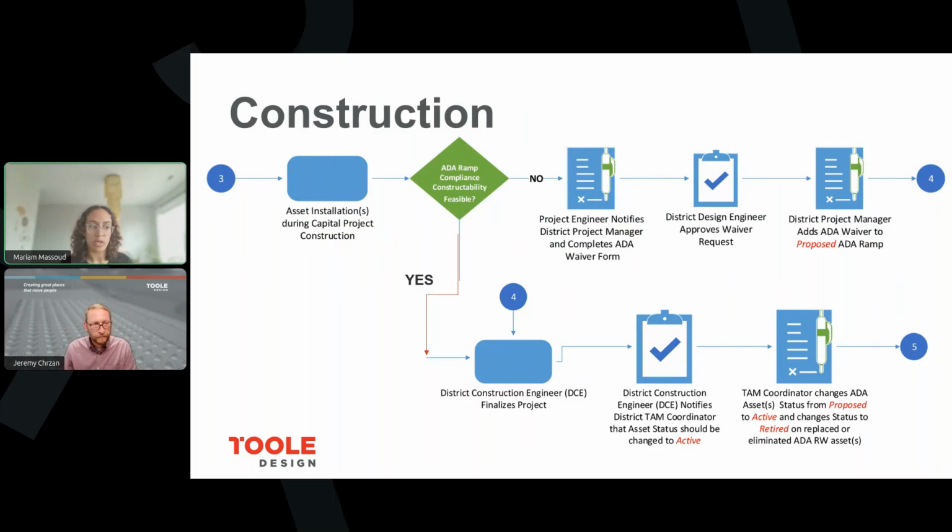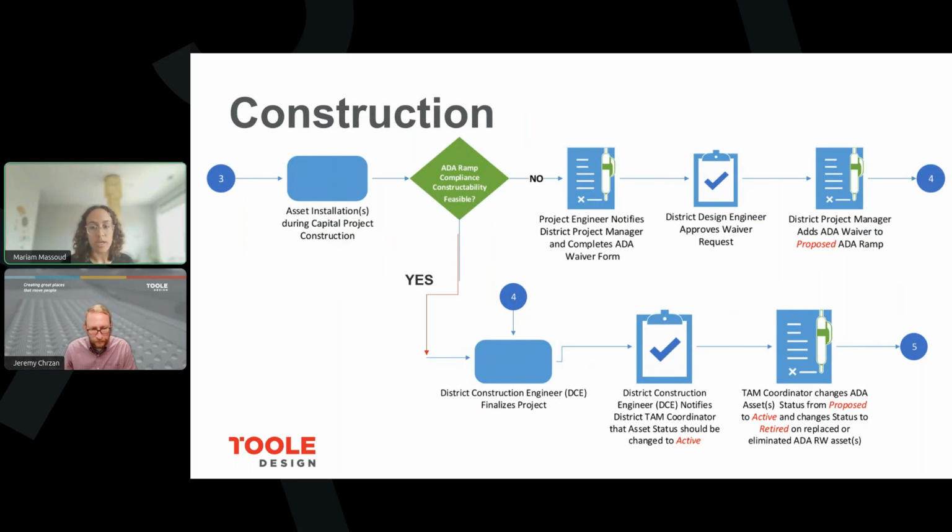At that point, you would submit the waiver, and again, it would be approved or denied. But if it is possible to comply with ADA, then the project will be constructed. After that, in the online inventory, the status of the curb ramps will change from proposed to active.